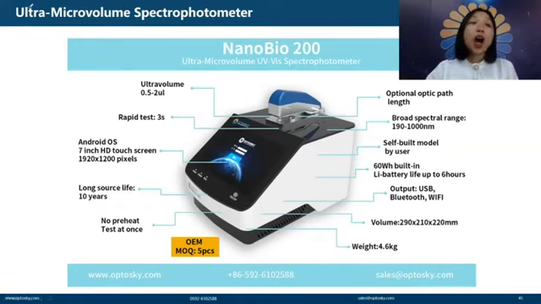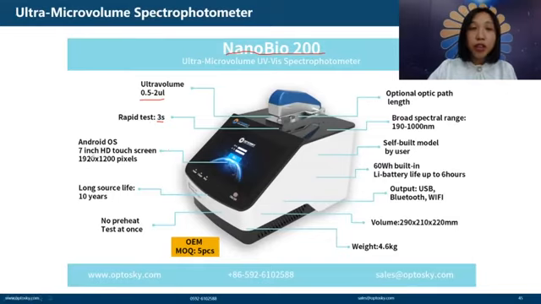And later, Optosky has the microvolume spectral photometer, Nanobio 200. This is the biggest spring. Its sample volume just needs 0.5 to 2 microliters, and its detection speed is very fast, just 3 seconds.